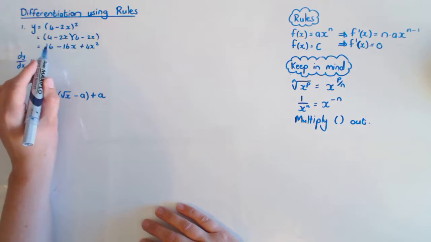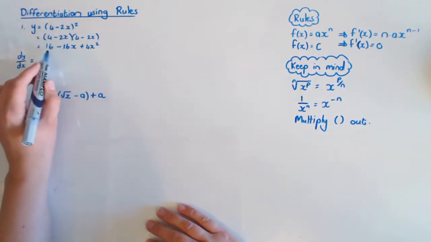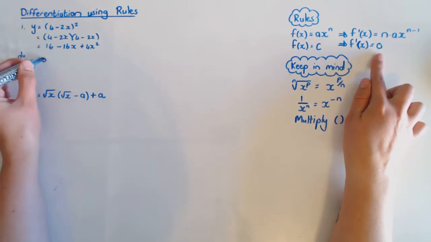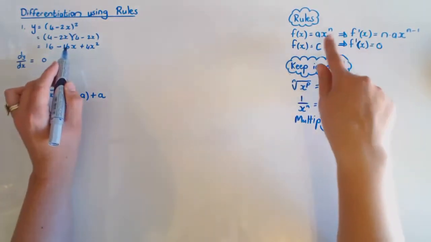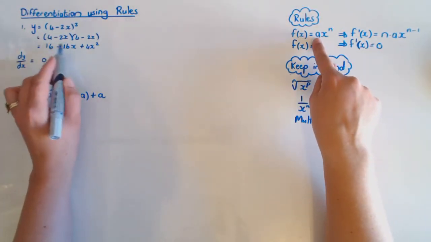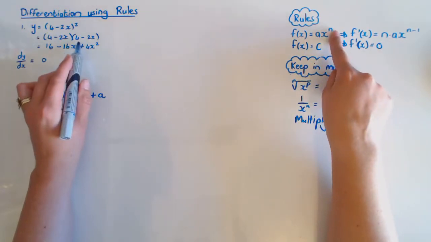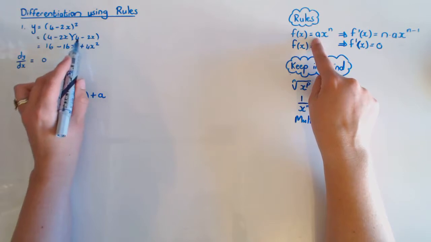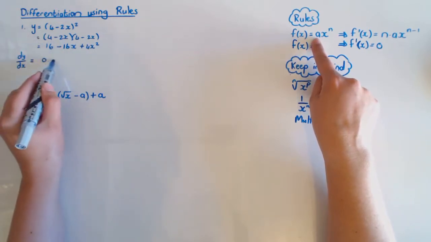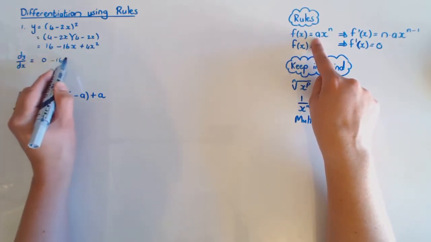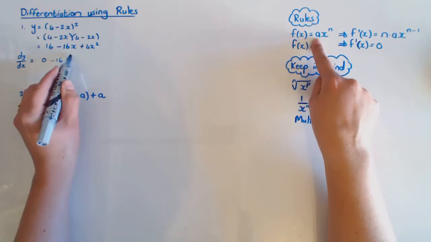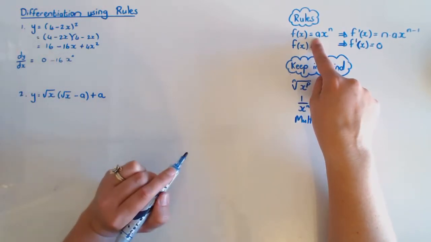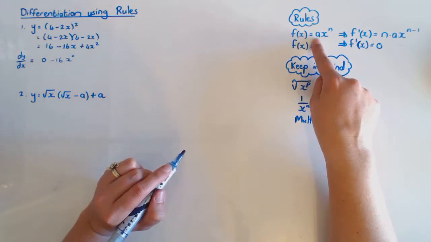Then I'm going to take it term by term. The first term is a constant, so the derivative of that will just be 0. The second term looks like this, where my a is negative 16 and my n is 1. So I'm just going to multiply the 1 in front. 1 times negative 16 is still negative 16. And from the 1 exponent, I'm going to subtract 1. 1 minus 1 is 0, so that's x to the power of 0.